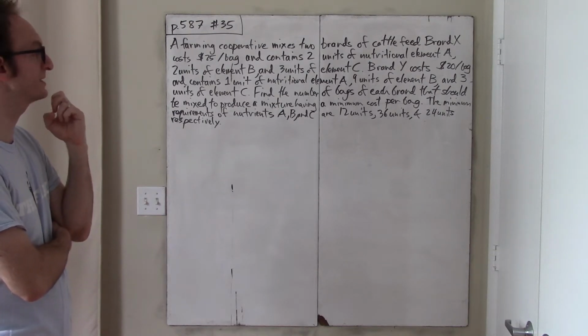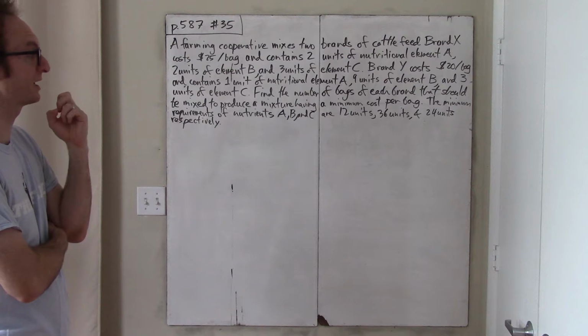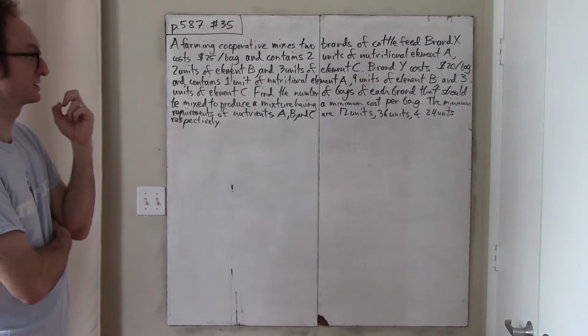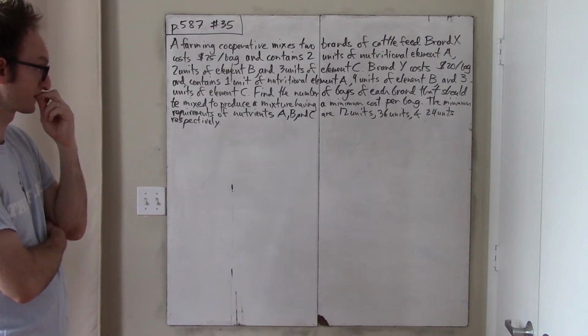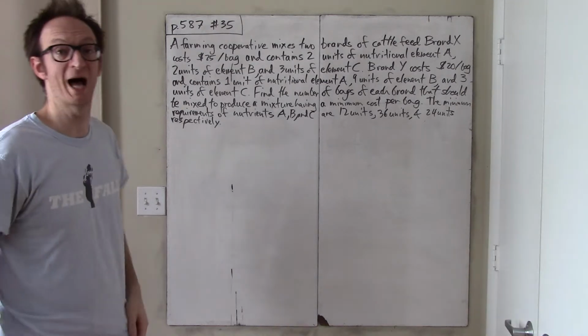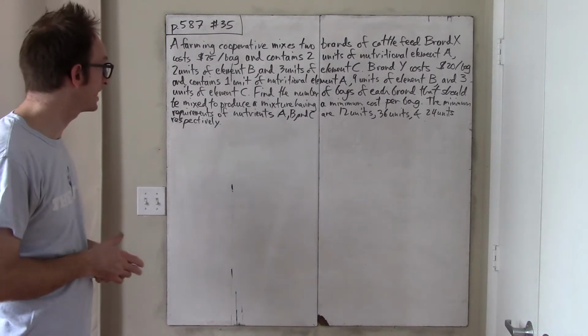The minimum requirements of nutrients A, B, and C are 12 units, 36 units, and 24 units respectively. Alright, there's a lot going on in this problem.